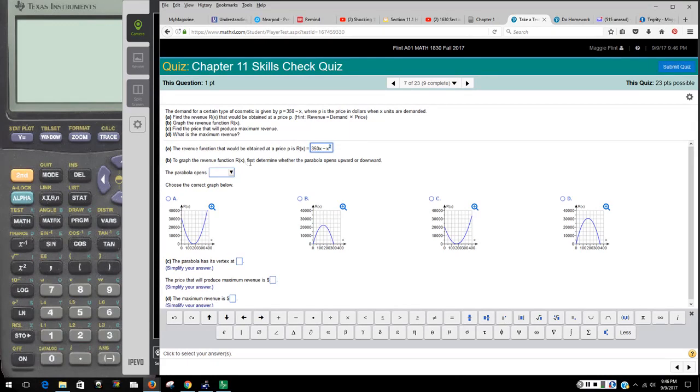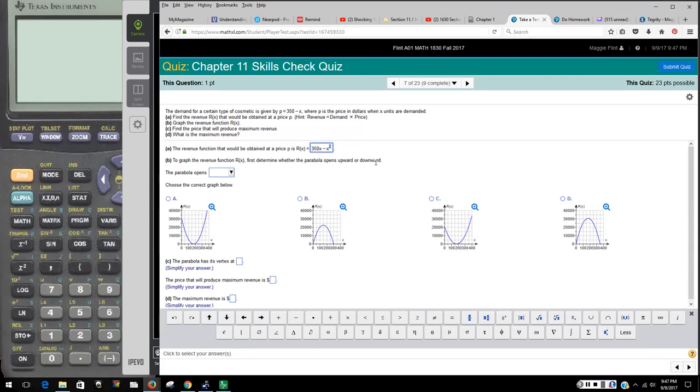And it says graph the revenue function R of X. Determine whether the parabola opens up or down. Well, if you're looking at this, you see that the coefficient of the X squared term is negative, which should tell you that it opens downward.